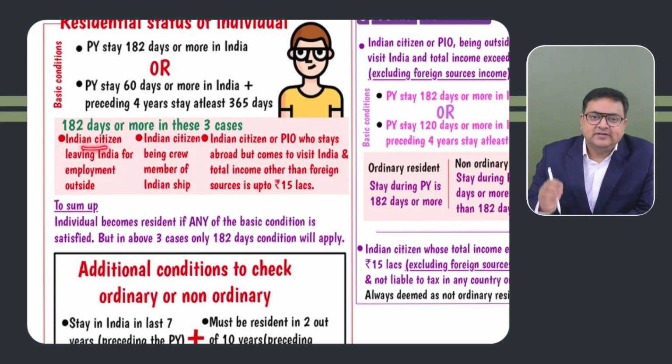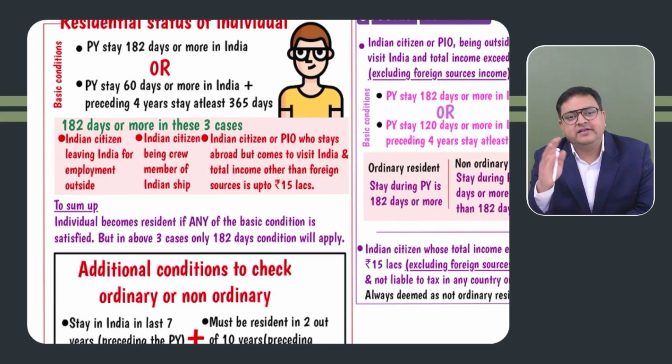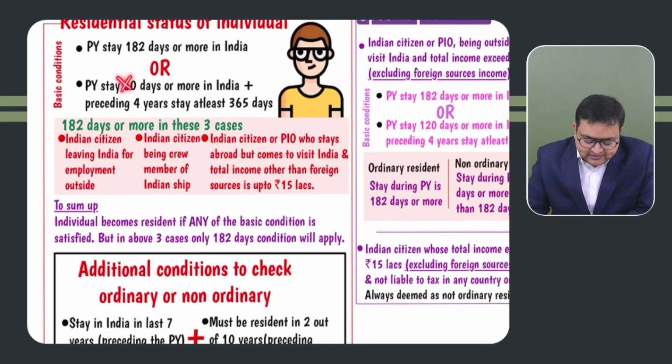So if an Indian citizen is leaving India during the previous year for employment outside, whether he has got a job outside or he would be starting his business or profession outside, then we will not see the 60 days condition, we will only see the 182 days condition.